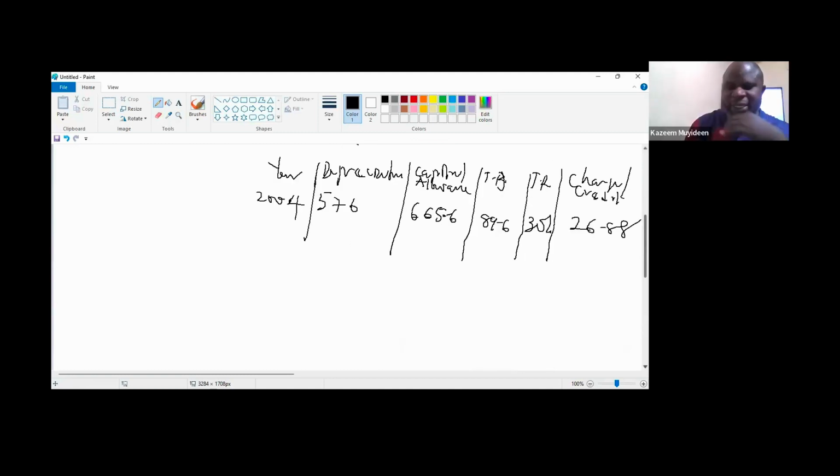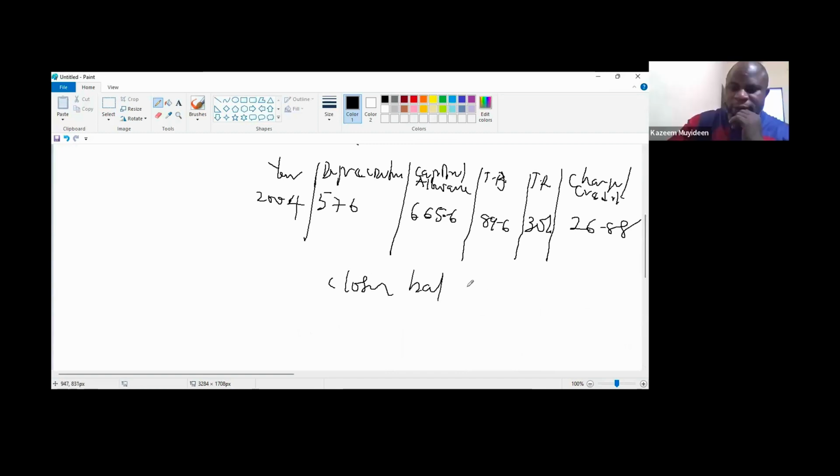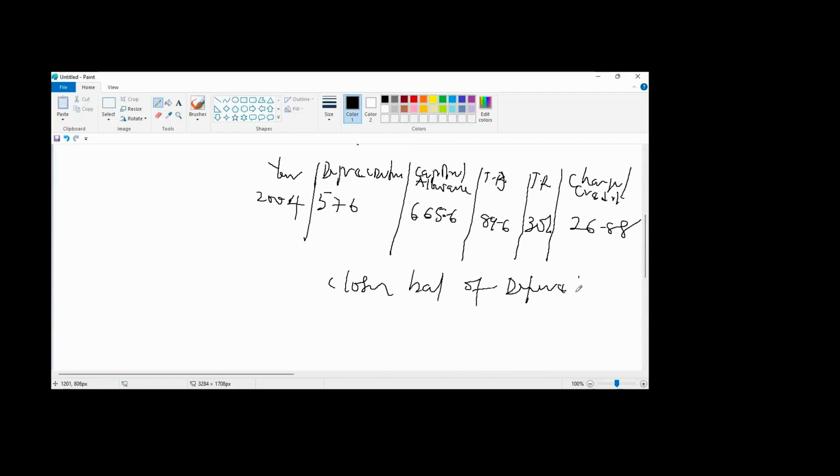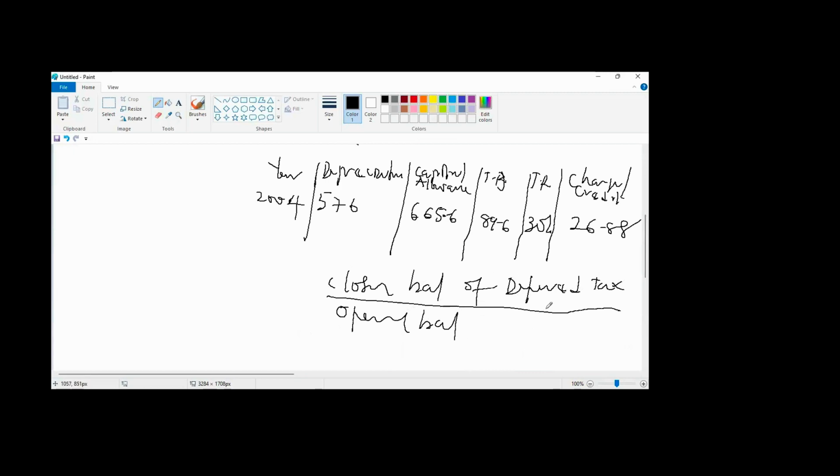Look at it now. Closing balance of the deferred tax. What is the opening balance? 48 million.